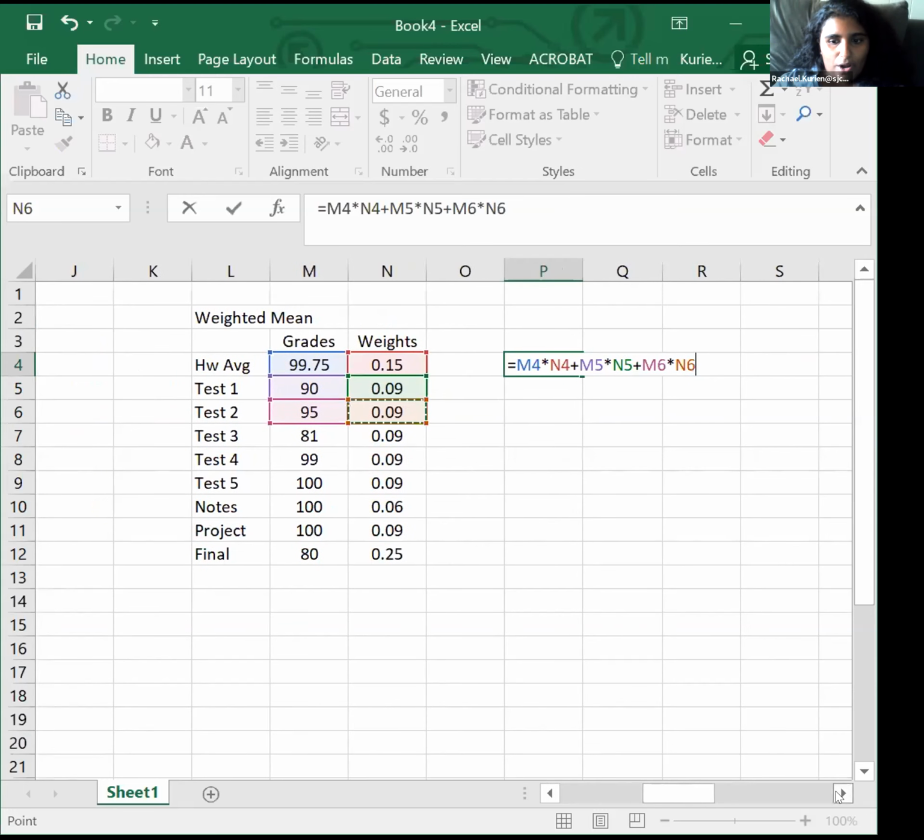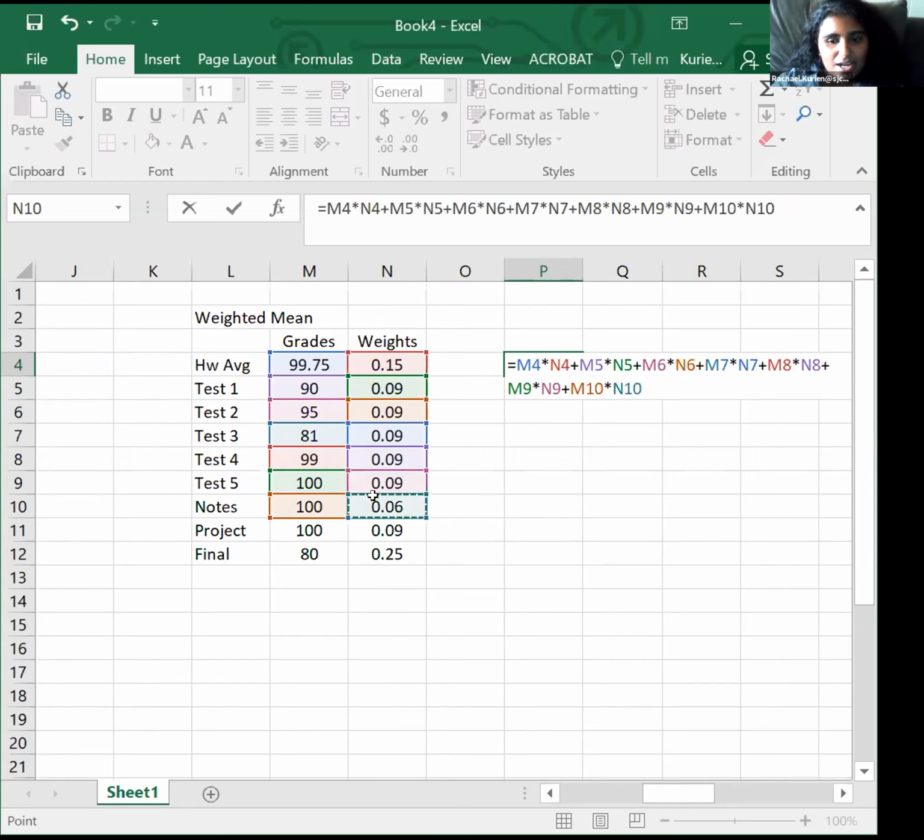And you just do that throughout, for every grade and weight.